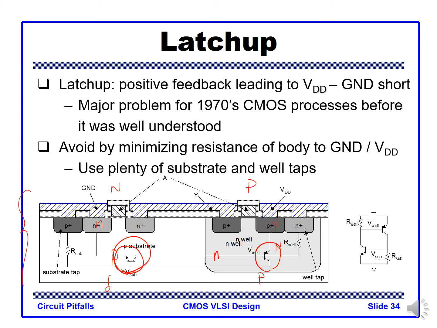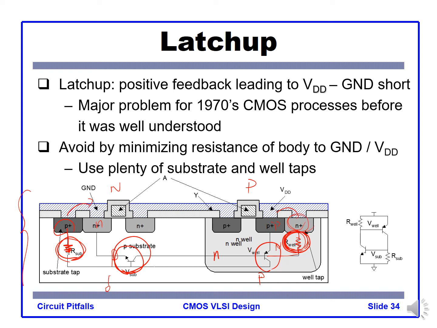The problem is, if you don't minimize the resistance on the body here, there's a resistance here, and for the NMOS and the substrate here, if there's a large resistance, meaning if you don't put the substrate contact near to the PMOS and near to the NMOS, then there will be a large well resistance for the PMOS. For the NMOS we have a larger substrate resistance there.